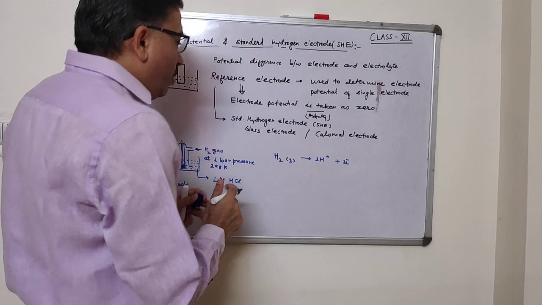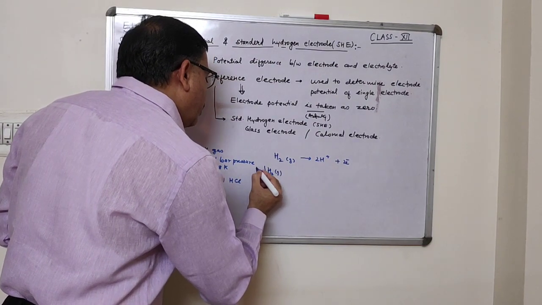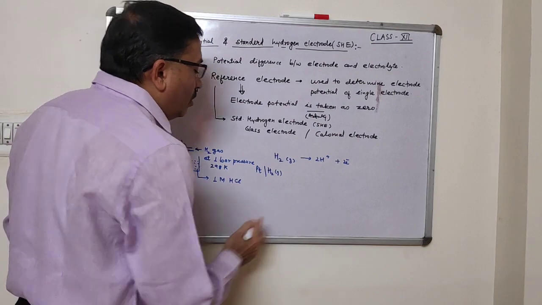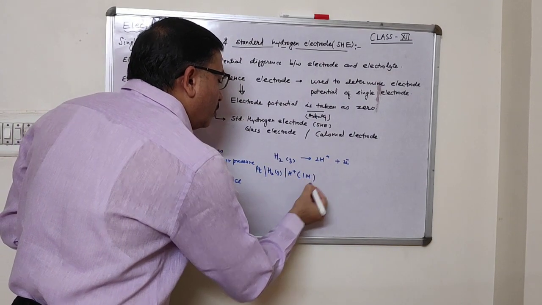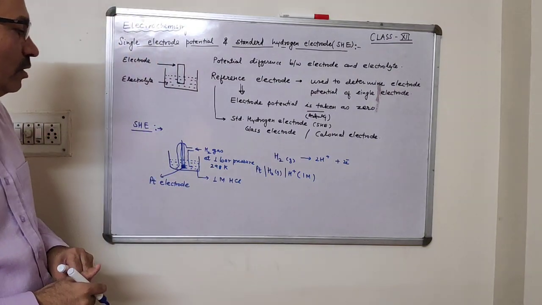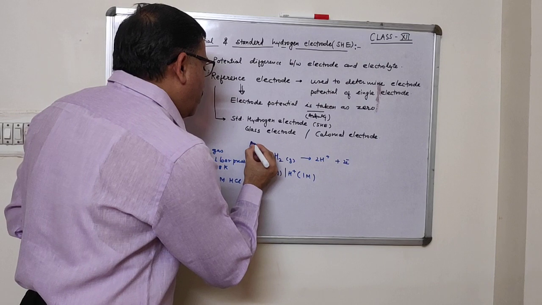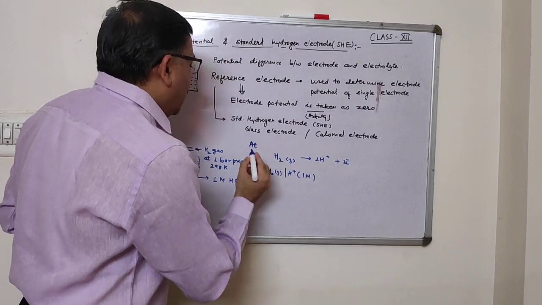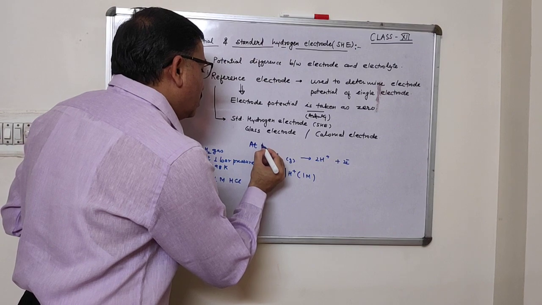So what cell will be formed? H2 gas, with the platinum electrode, converting into H+ of 1 M concentration. This is the half cell when SHE is placed at the anode.